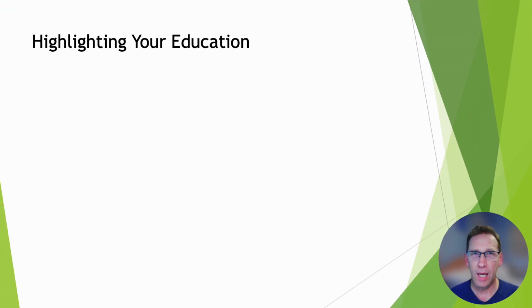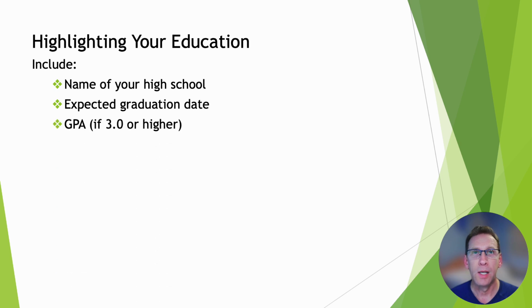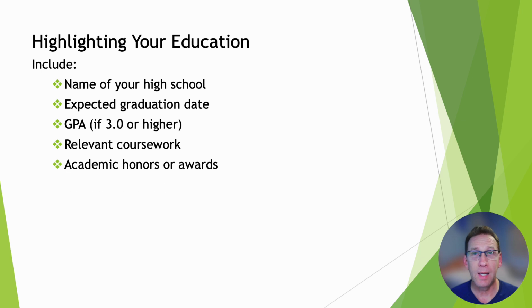You want to highlight your education. Things to include are the name of your high school, your expected graduation date, your GPA if it is 3.0 or higher, your relevant coursework, any academic honors or awards. Now, this is talking specifically about a high school student. But if you are not a high school student and you're going to college, you probably want to skip the high school and just put the college that you're in and your expected graduation date.